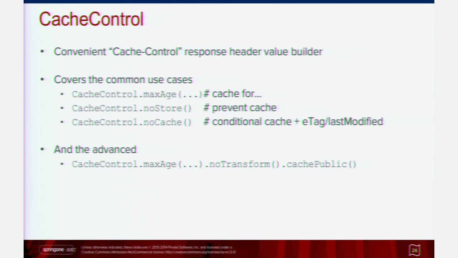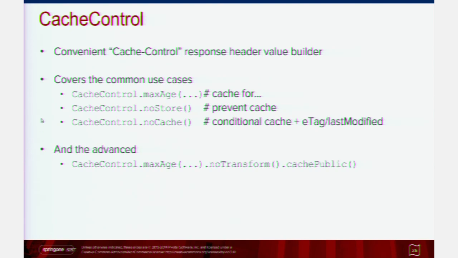And then you have something called conditional cache, where you're saying cache this, but do it conditionally. You have to use additional validation like E tag and last modified, where the browser sends and says, has this changed since that time? Or here is the last E tag that was given to me. Does this resource still match? And there are various other cache control directives.